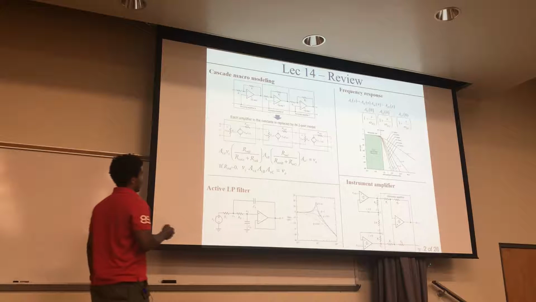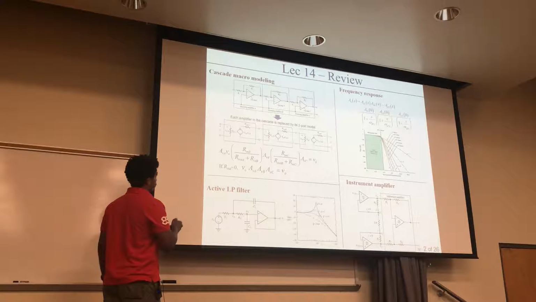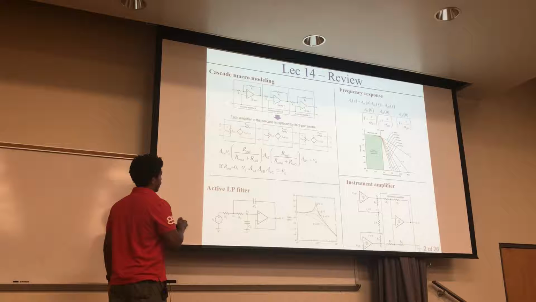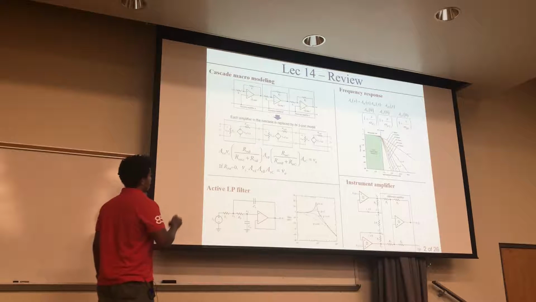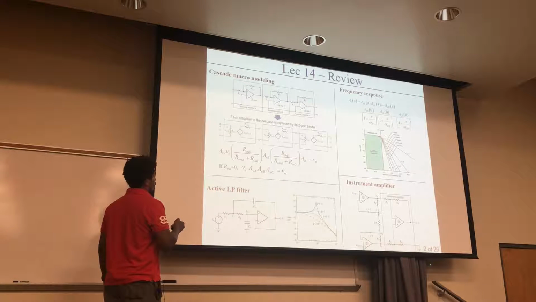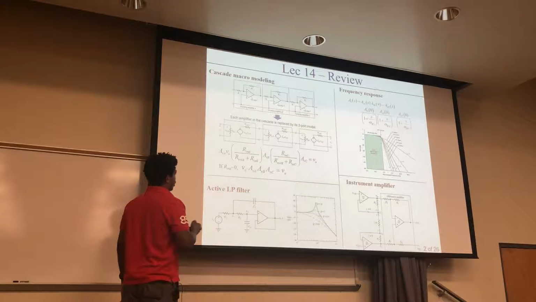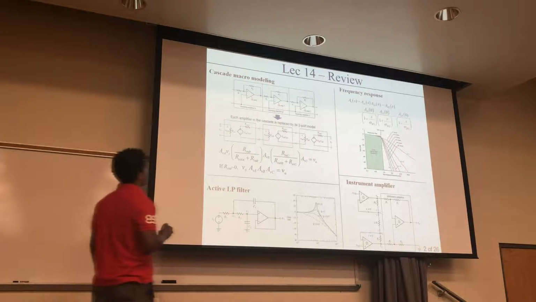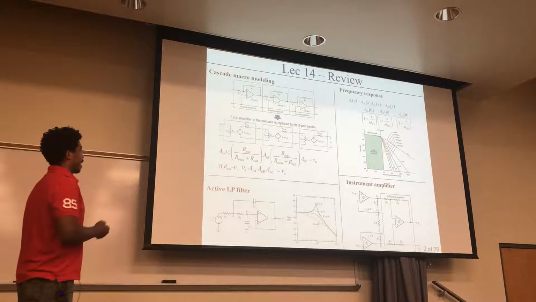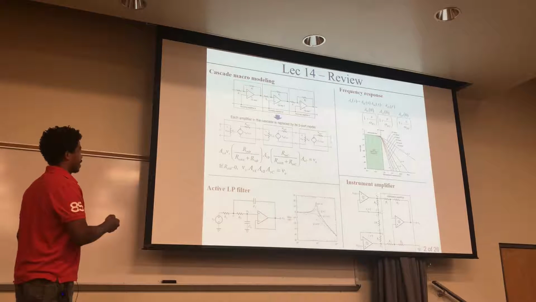Here's the gain of the whole thing, here's the input, here's the output, and these are the gains it goes through. If the output resistances are really small, you can eliminate this part and this becomes 1. This is a good estimation if you have a very small output resistance, as seen at the output.